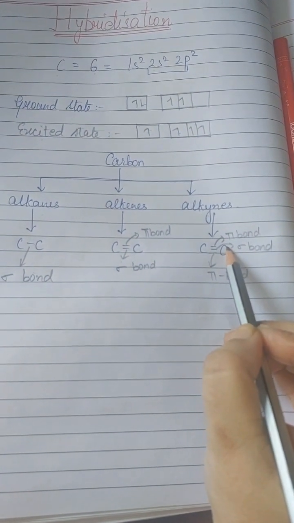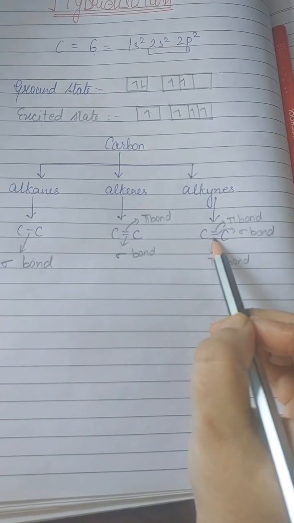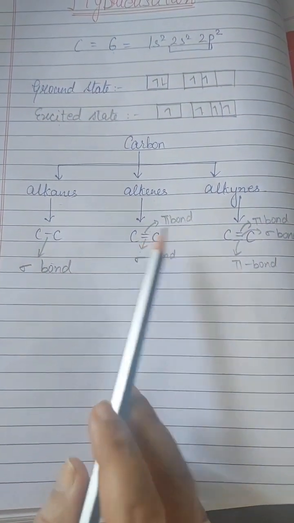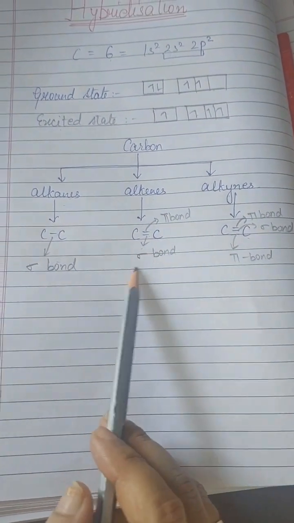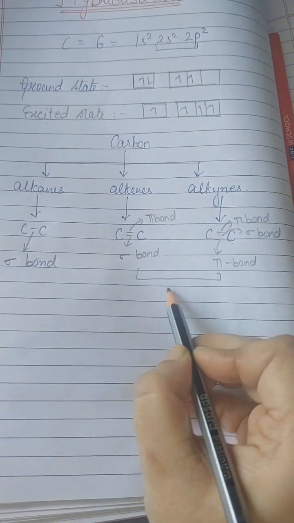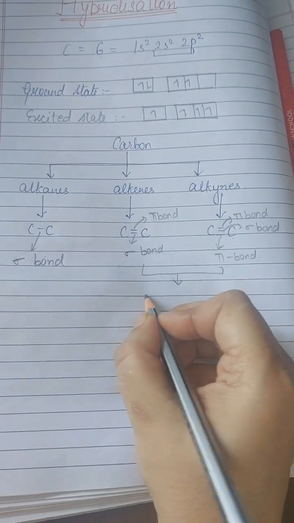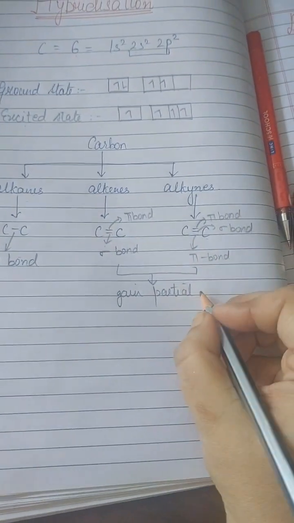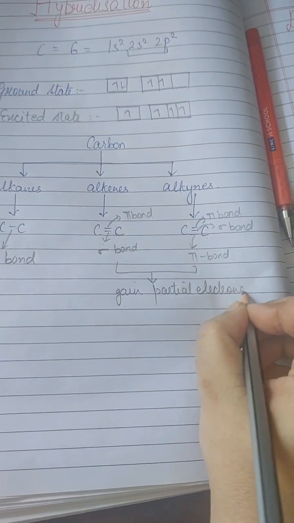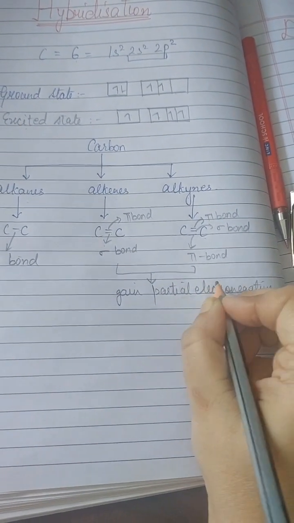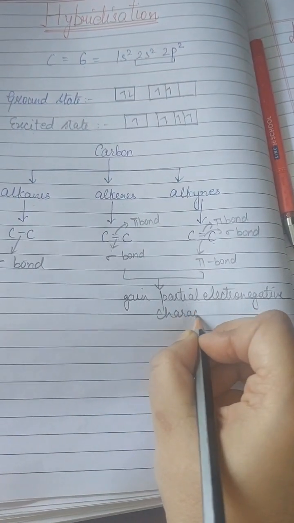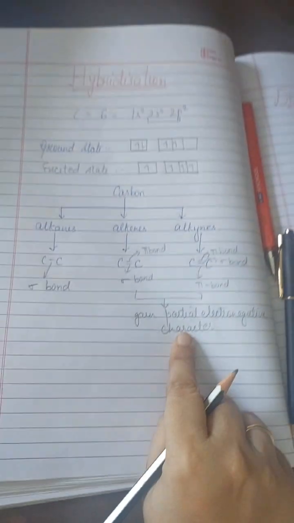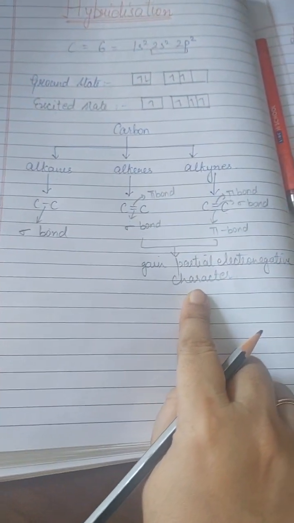And in the carbon-carbon triple bond, there are two pi bonds and one sigma bond. According to the presence of pi bonds, these carbon compounds will gain partial electronegative character. This character I will explain according to the hybridization.